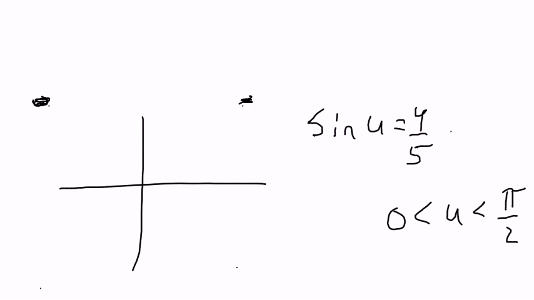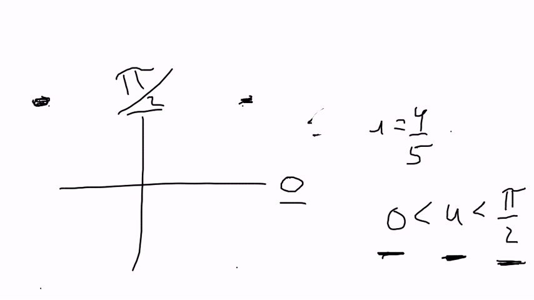What does that mean? Our angle is bigger than 0 degrees and less than pi over 2, or 90 degrees. We knew it was either 1 or 2, but now we know it has to be between these two angles, so it must be an angle in quadrant 1.